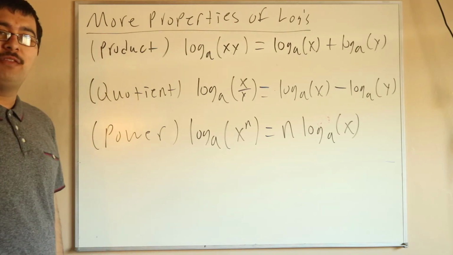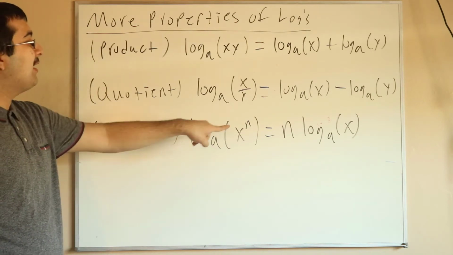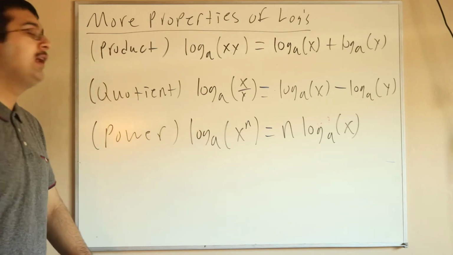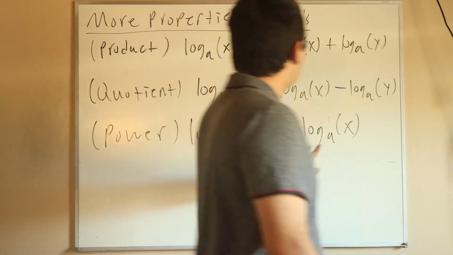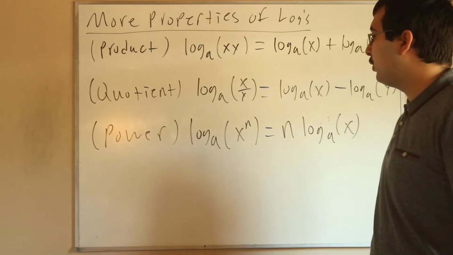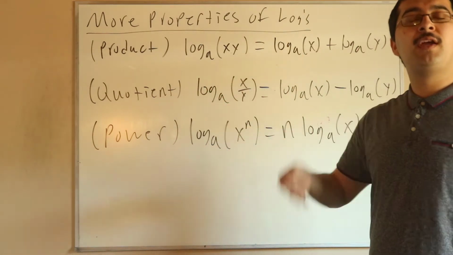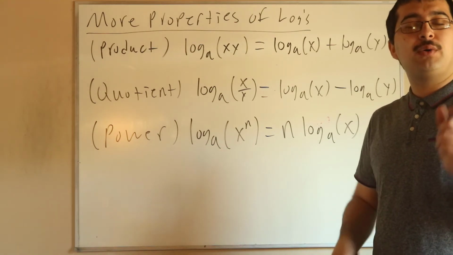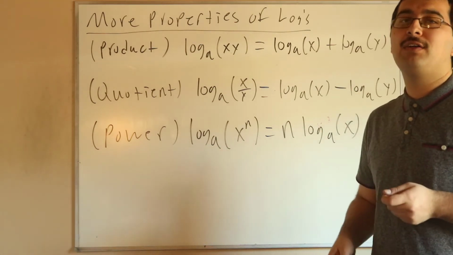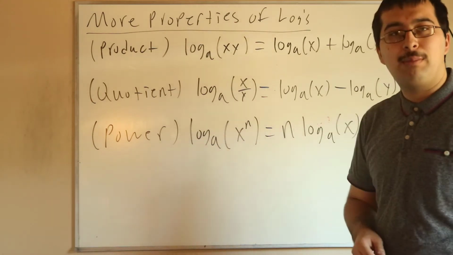Lastly, we have the power property of logs, and this says the following. Log base a of x to the power of n equals n times log base a of x. So to put this in words, log of a value with an exponent will equal the exponent times log of that value. So you can bring the exponent out into the front. That's what the power property is saying.